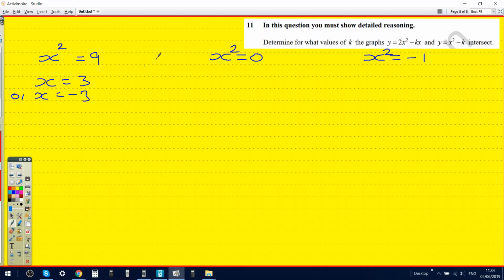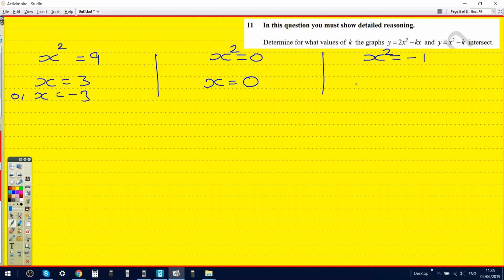This one? X squared equals 0. 0. And what you'll notice is that plus 0, minus 0, same thing. Third one? That is not possible. Let's use i.